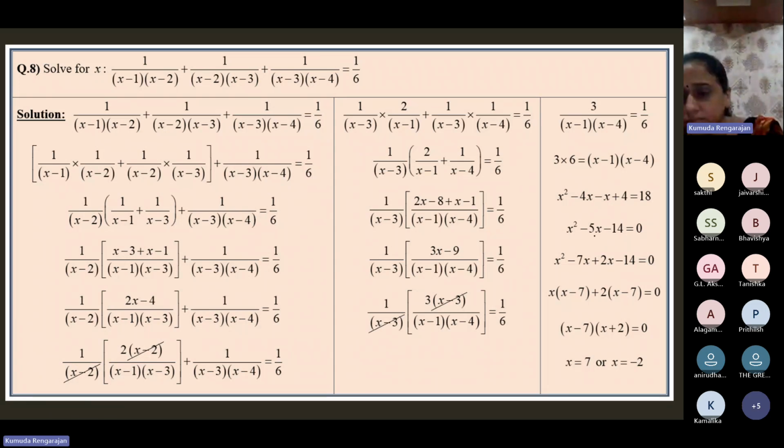Split the middle term. Sum and product. Sum is minus 5. Product is minus 14. So split the middle term, and then you find x is equal to 7 or x is equal to minus 2. x minus 7 is equal to 0, x is equal to 7, or x plus 2 is equal to 0, x is equal to minus 2.